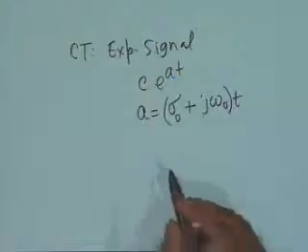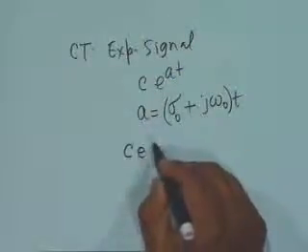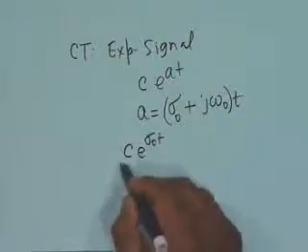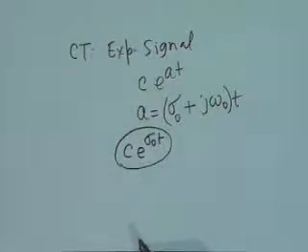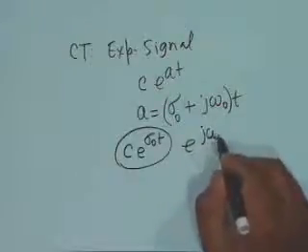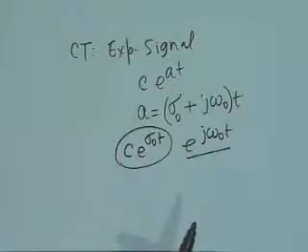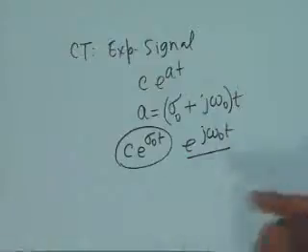Well, then obviously the signal can be written as c e to the power sigma 0 t, which defines the amplitude, and e to the power j omega 0 t, which is periodic. And if we take the real part or the imaginary part, we can make plots.